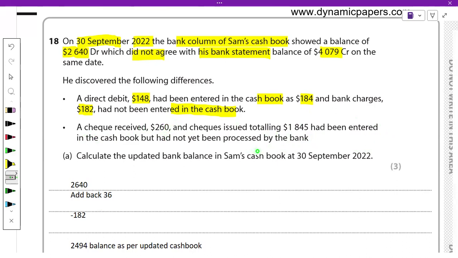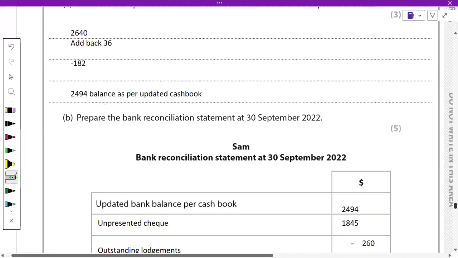And the 1845 is basically the unpresented checks. You have given this check to your supplier, but it hasn't shown up in the bank, so it is in process and not deducted yet from your bank account.